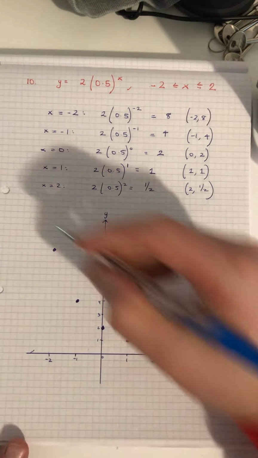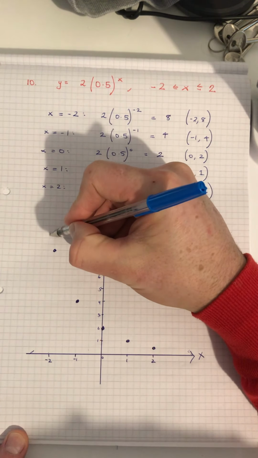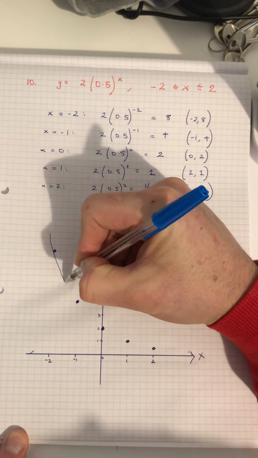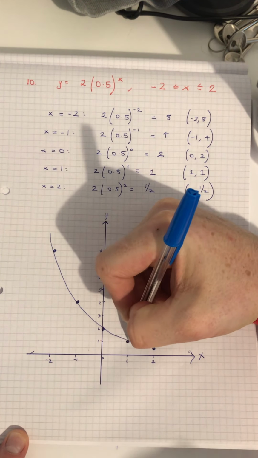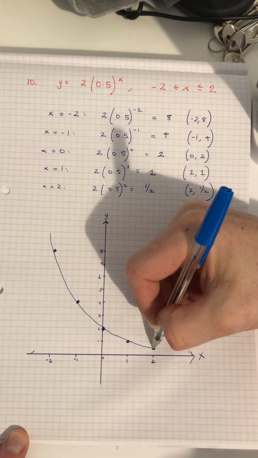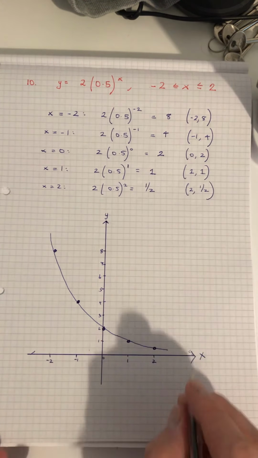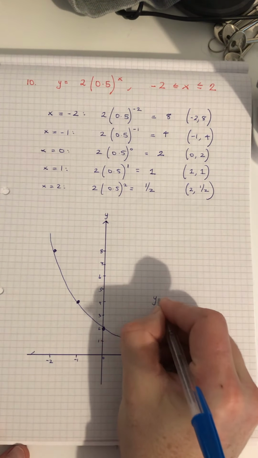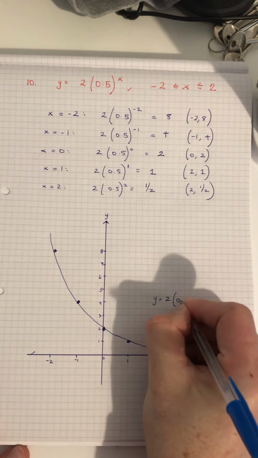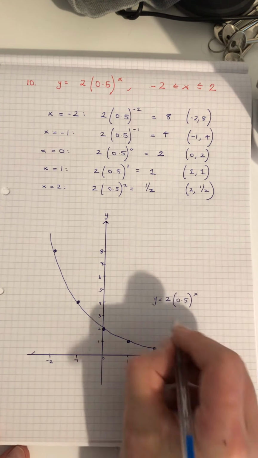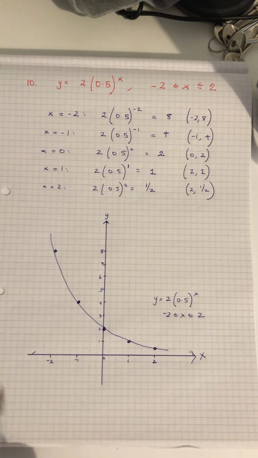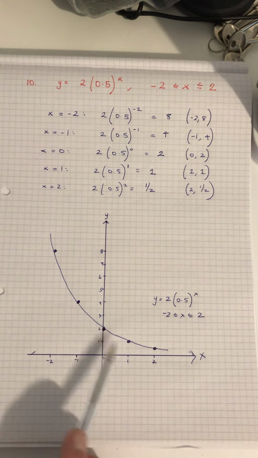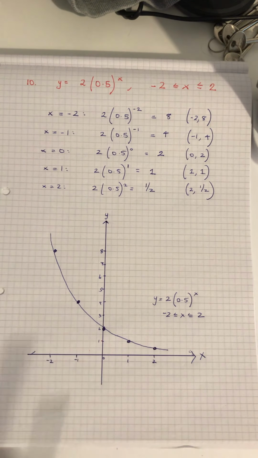So when you join your graph, like so. And that's your graph. Y equals 2 bracket 0.5 to the power of x between minus 2 and 2. And I've just spread out the scales a bit wider here, okay, just so you can see the graph with a smooth curve.